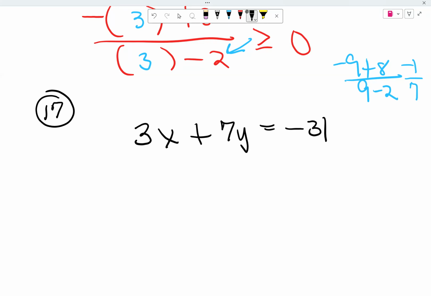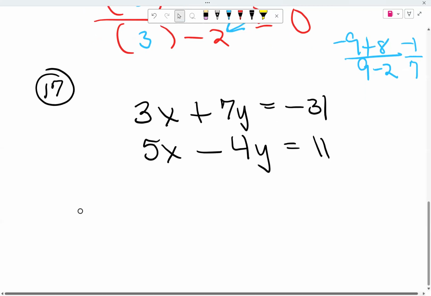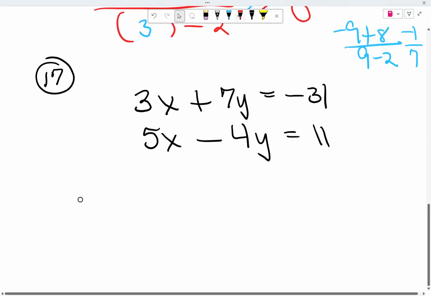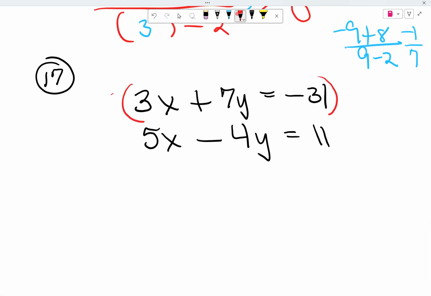This is 5x minus 4y is equal to 11. So I don't know about you. I like the x's. I'm going to cancel those guys out. So I'm going to multiply either one by the opposite sign. So I'm going to go with negative 3 down here. You can choose negative 5 instead.